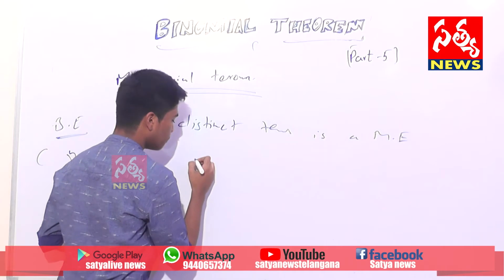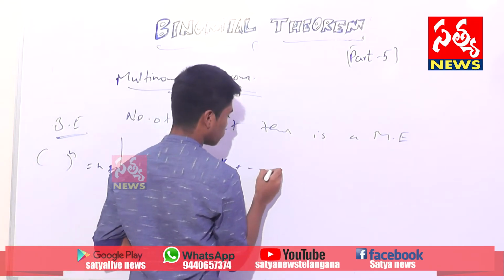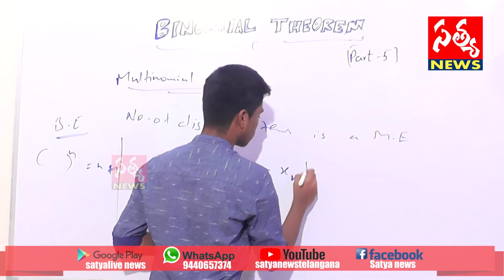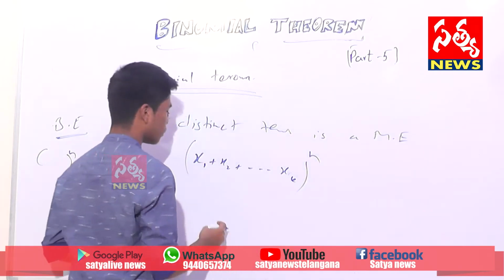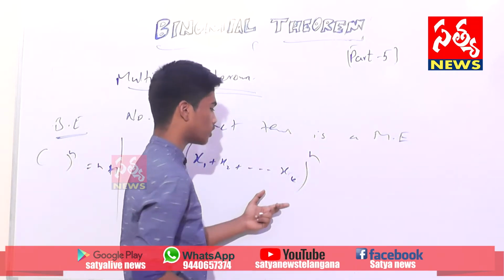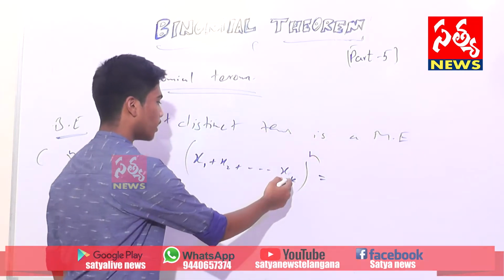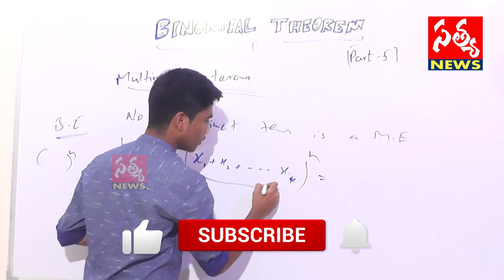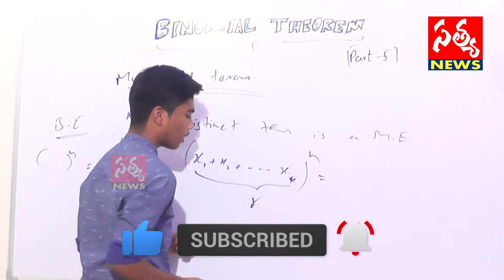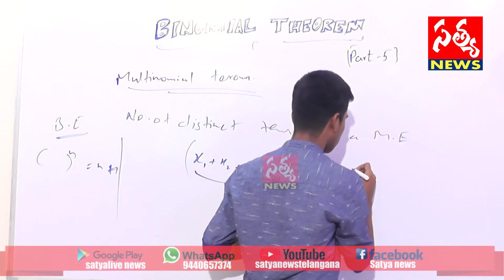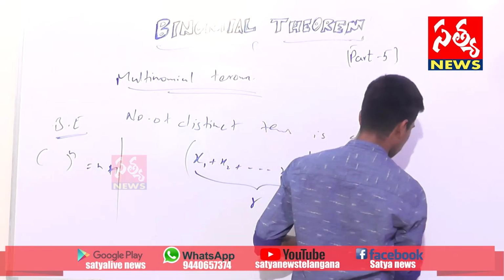But in multinomial theorem, if x1 plus x2 plus so on, xr, whole power n, is a multinomial expression, and the total number of terms x1, x2, x3 and so on is r, the number of terms after expanding is n plus r minus 1 C r minus 1.